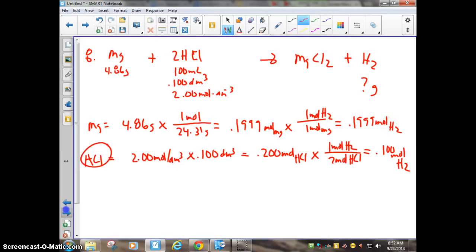Now that I have my limiting reactant, I know I can only make 0.100 moles of H2. I could go ahead and multiply by H2's molar mass. And that's how I came up with my final answer of 0.2 grams, or letter A.